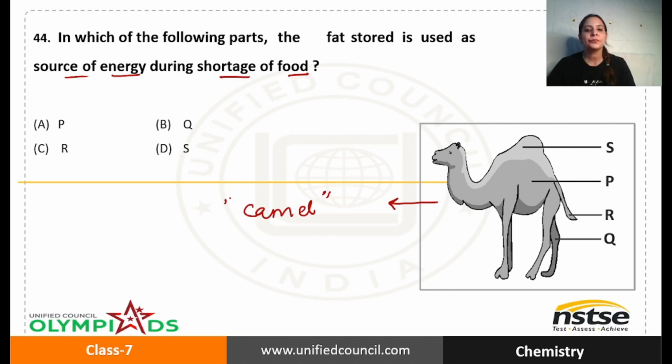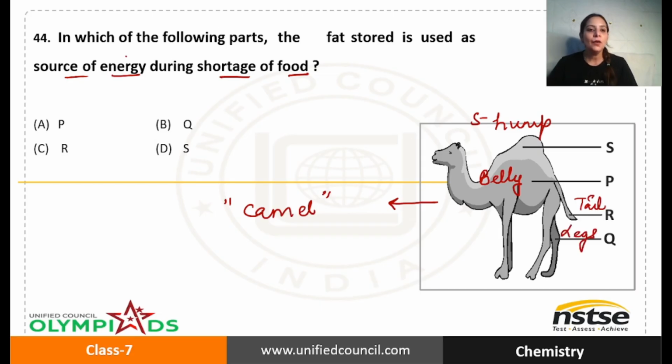It's a camel. Here a few parts are labeled as S, P, R and Q. Before reading the options, let's identify them. S is this elevated portion which is called the hump. P is the belly of the camel. R indicates the tail, and Q obviously indicates the legs of the camel.